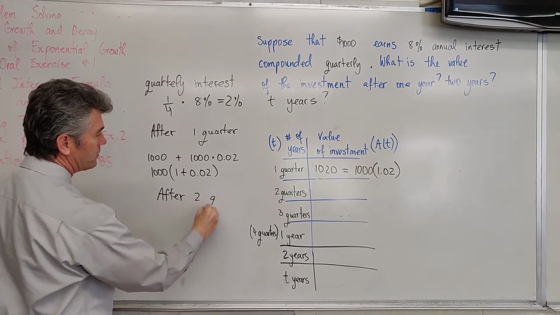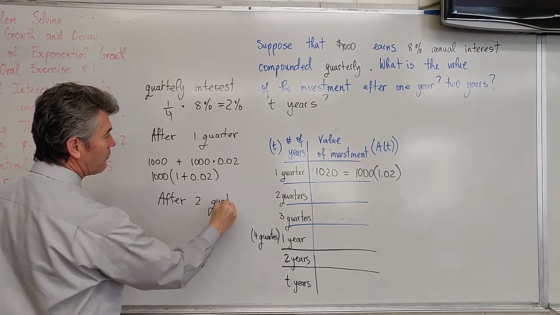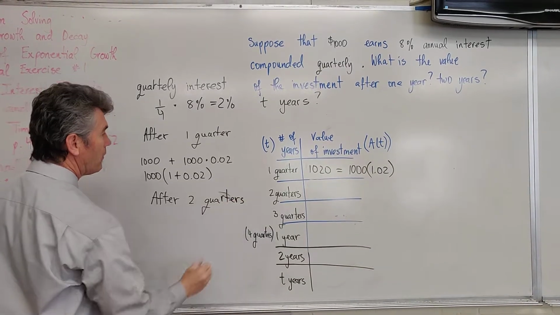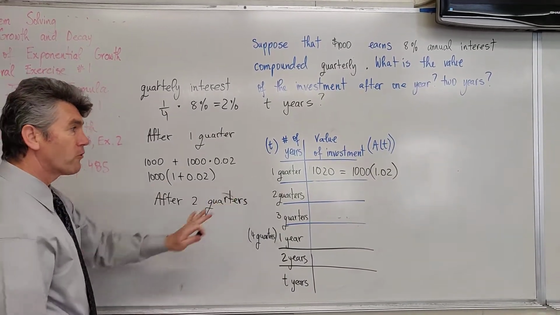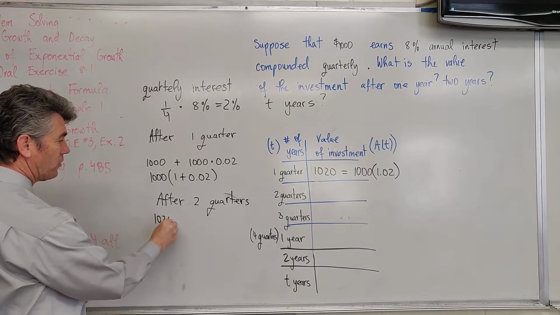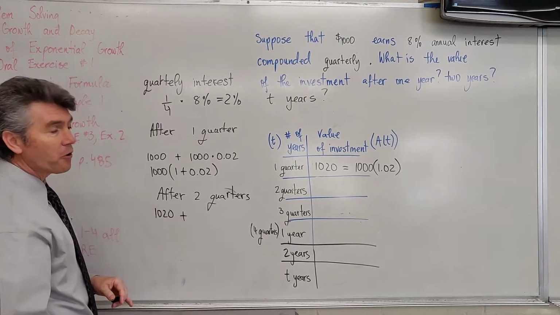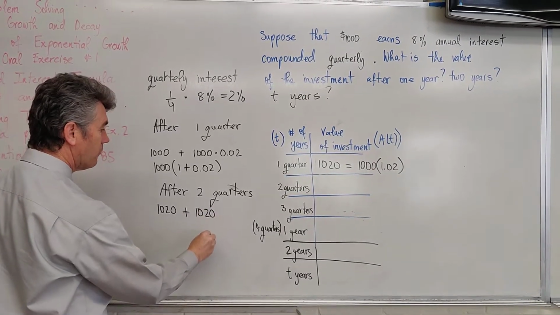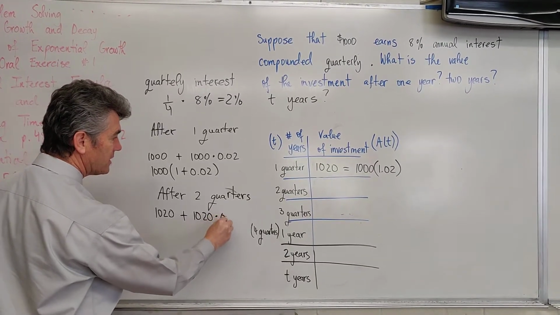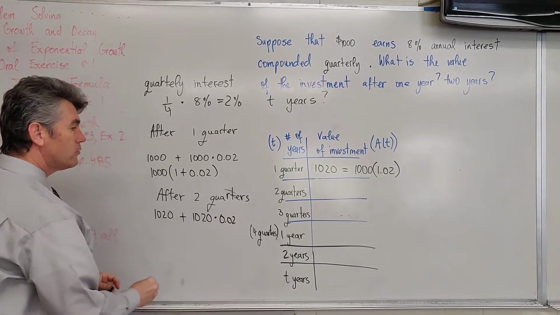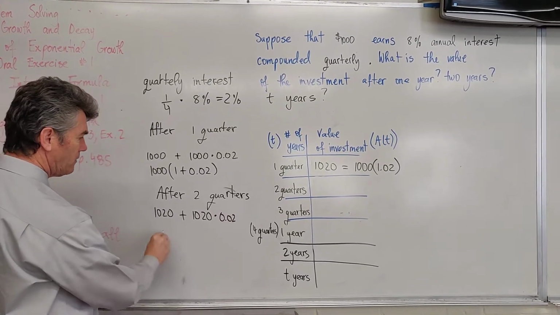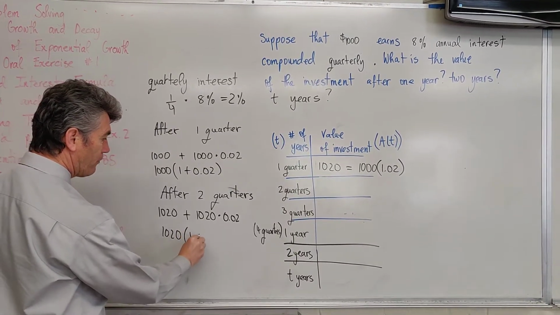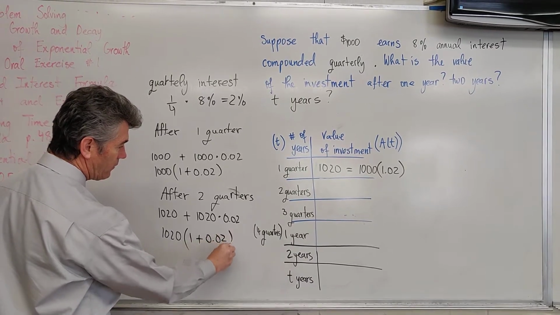Let's move on to what happens after 2 quarters. Probably you see the resemblance to the previous problem. So at the end of 1 quarter, we have 1,020. That's what we start with. Plus, during this quarter, we earned 2% interest. So plus 1,020 times 0.02. We continue. This is 1,020. We factor it out. 1 plus 0.02.